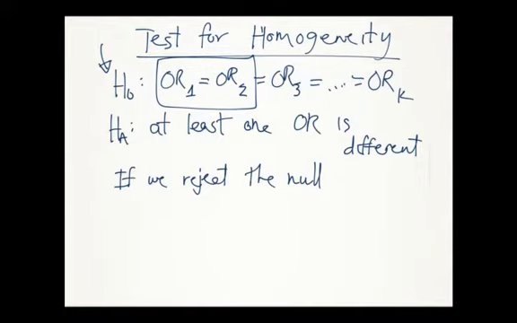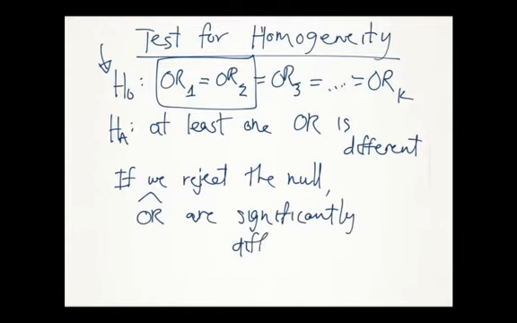So if we reject the null, what we're saying is the estimated odds ratios are significantly different. And in that case, we would have to report different odds ratios for the different ages for our example.